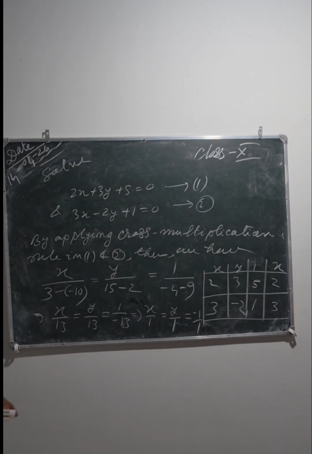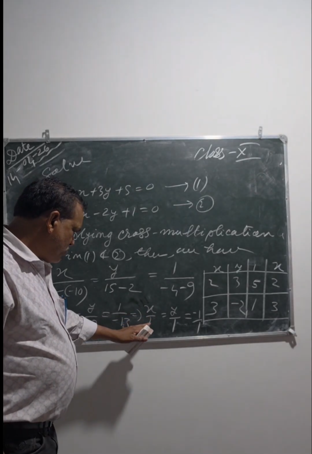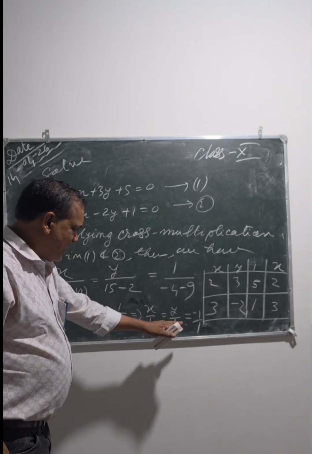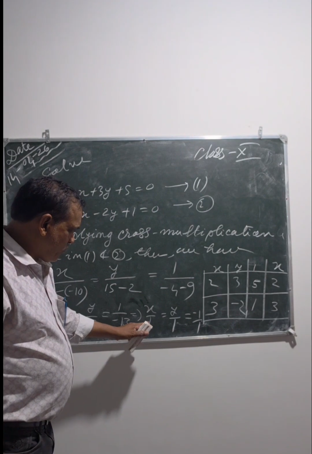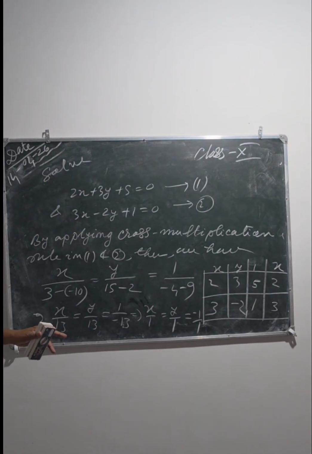Then finally the value of x equals this one and this one. If you compare the first and last, the value of x will be -1, and the value of y also will be -1.